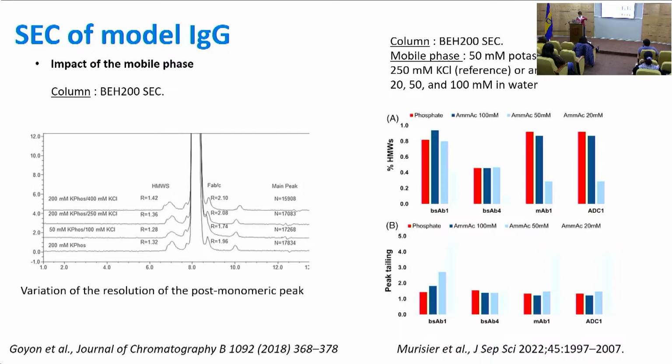Let's just open it. And so I will not describe in detail the chromatogram here, but what is important to look at is the proportion of small aggregate in the species analyzed here.